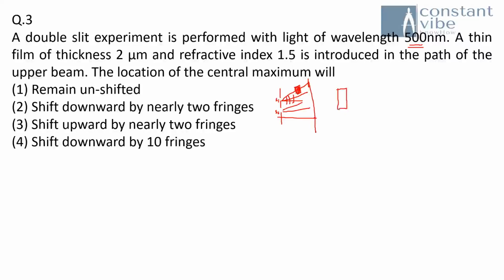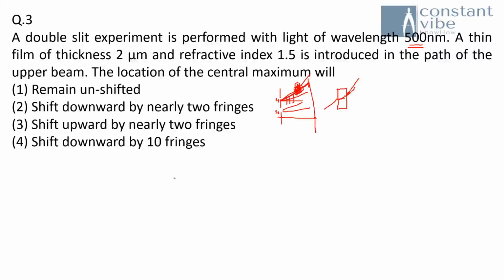Suppose this is the thin film, the light will come like this. Normally the path would be like this, but it will be changed because of the different refractive index. If we place this thin film, the light normally would go like this, but a path difference will happen.